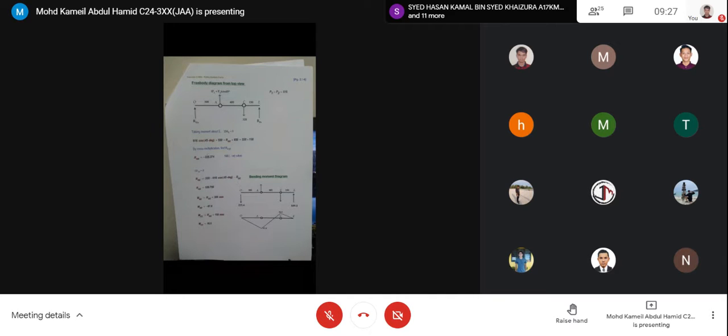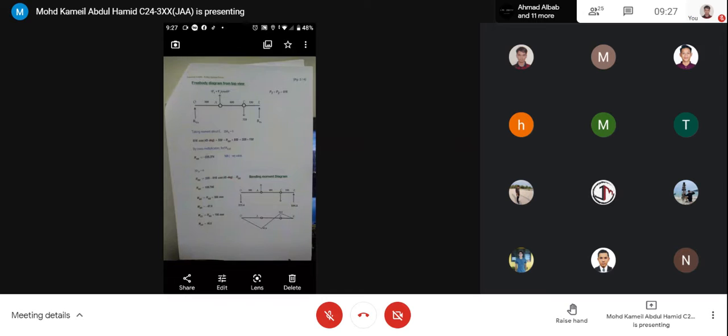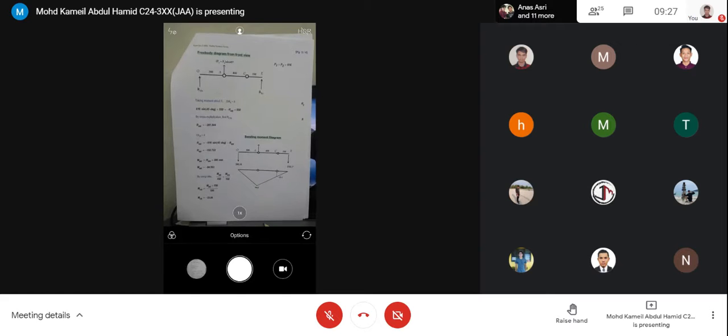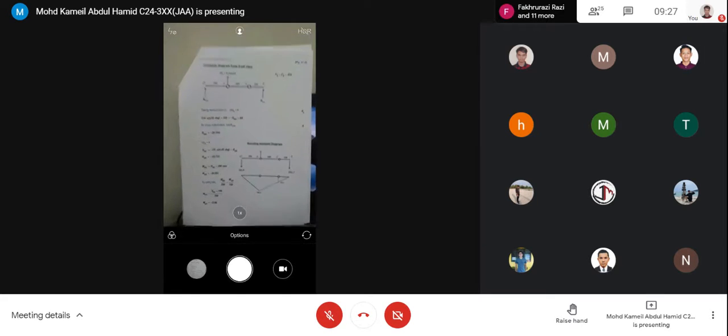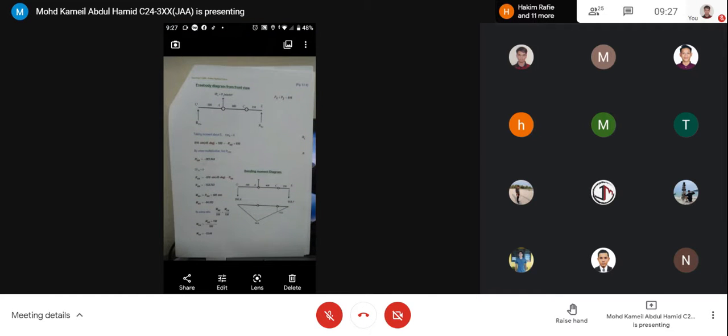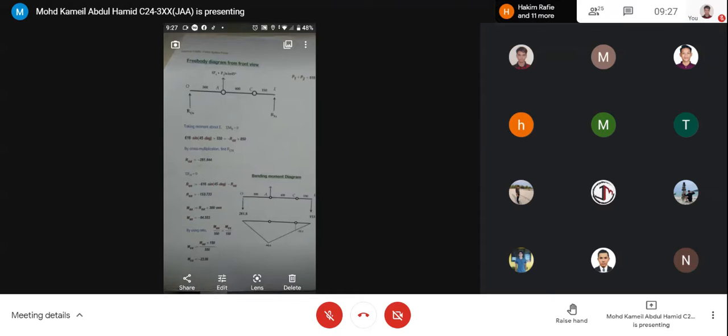Okay, kemudian the second one is the FVD for front view. Okay, front view X dengan Y, XY plane. Okay, XY plane. So sama juga, the same step.